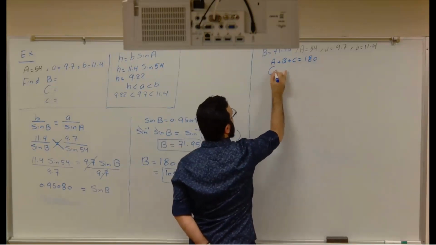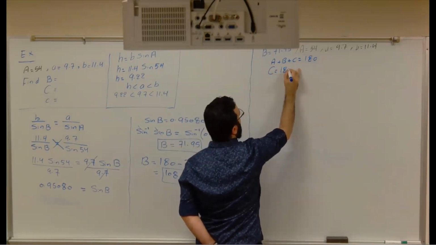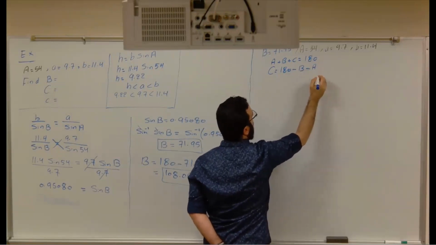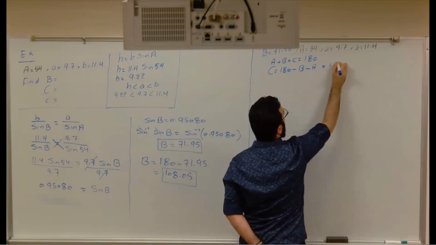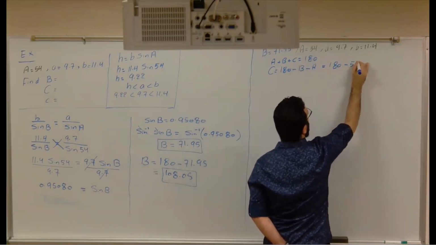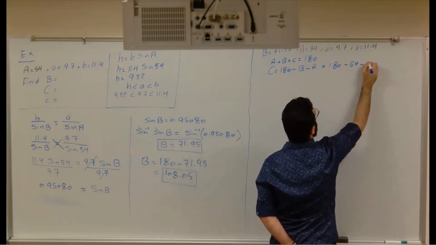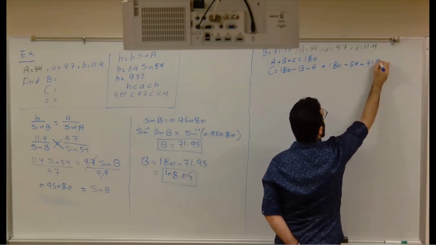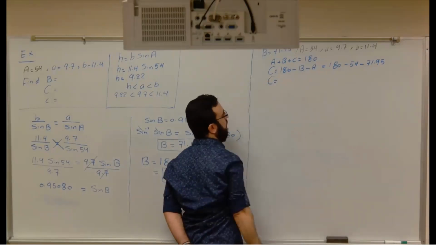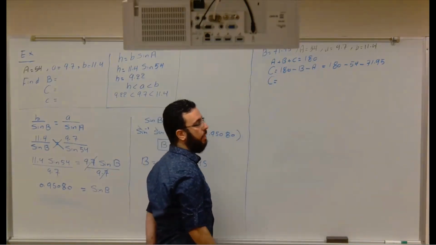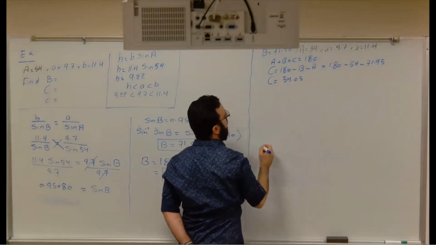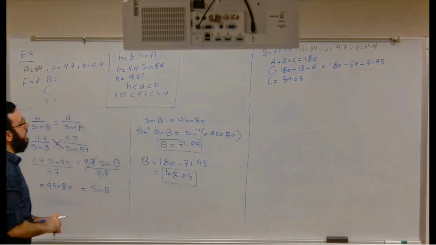That means the angle C is going to be 180 minus B minus A, which is 180 minus 54 minus 71.95. So how much is the angle C? 54.05.